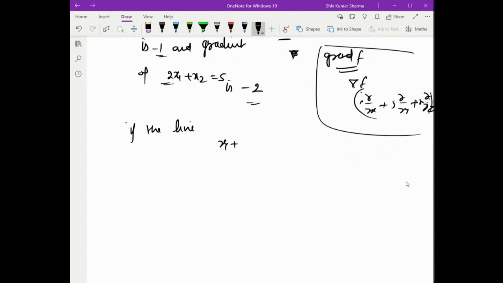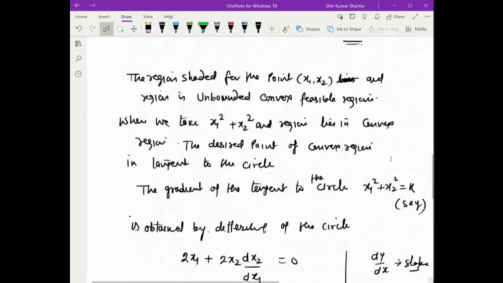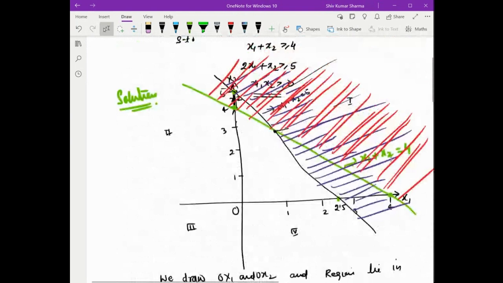Now if the line x1 plus x2 equal to 4 is the tangent of the circle, that means when we draw the circle, we make a tangent to the circle. The shape of the circle is in this form, and only this line touches the circle for radius 2.